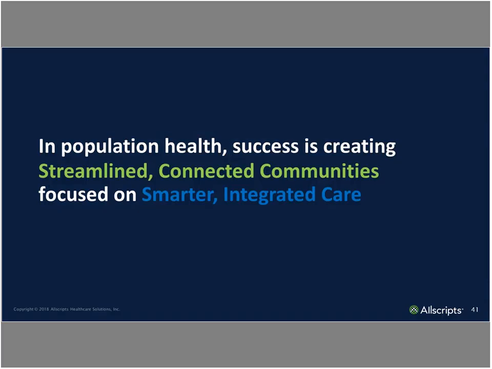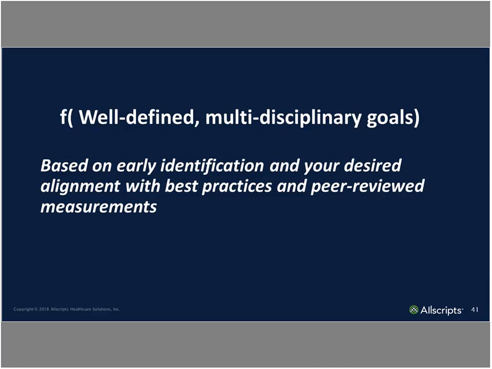So in our point of view, population success is creating streamlined communities of care focused on smarter, integrated care. You may be looking at at-risk populations. You may still be in a predominantly fee-for-service world. But the idea in successful population health is to build a formula that connects team members and stakeholders together so that they're working in a smarter and more streamlined way.